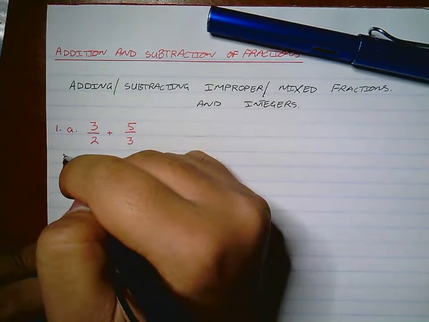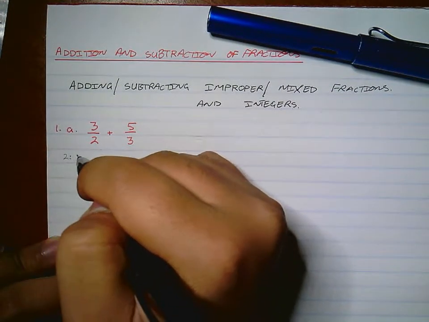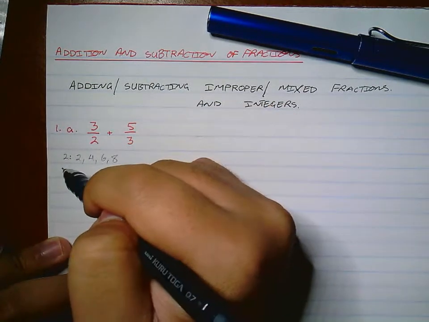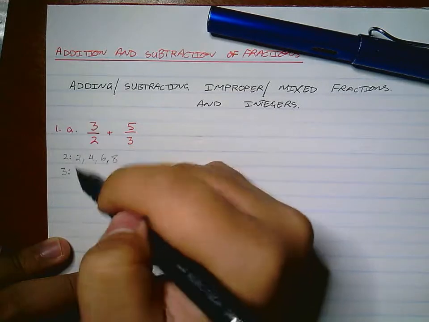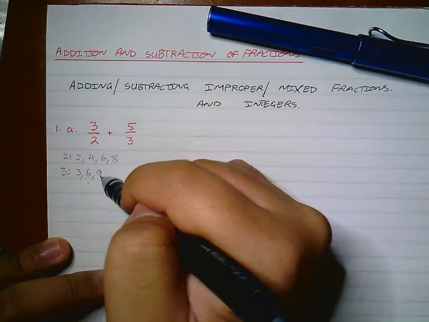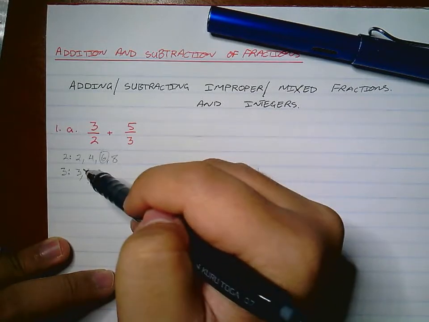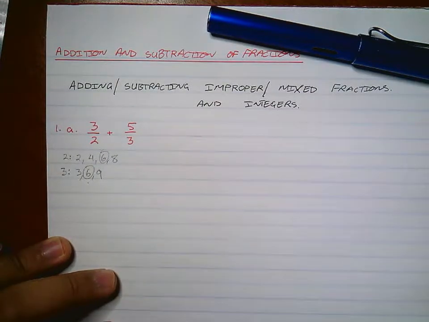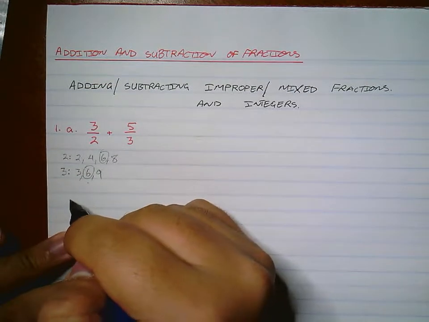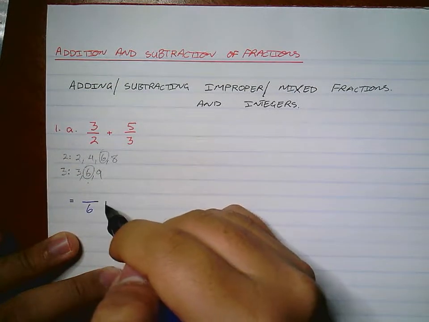The multiples of 2 are 2, 4, 6, 8. Multiples of 3 are 3, 6, 9, and I can already see a common multiple between the two. So we will make both of these fractions over 6.